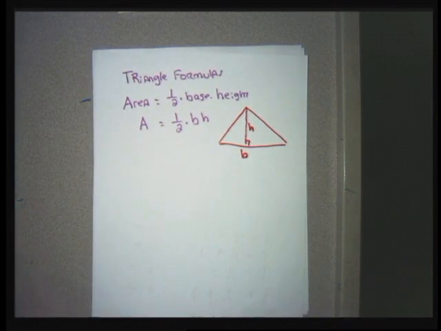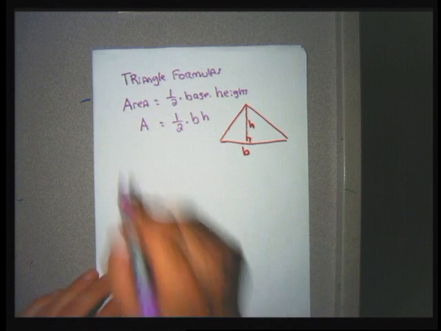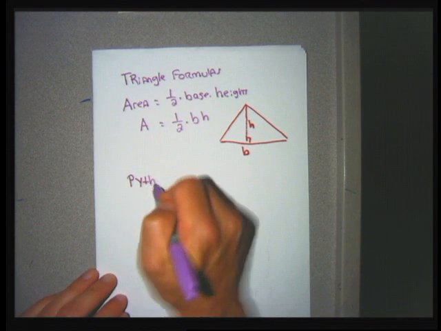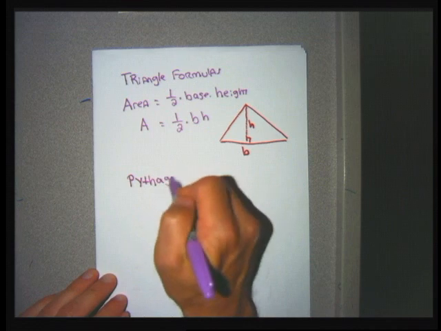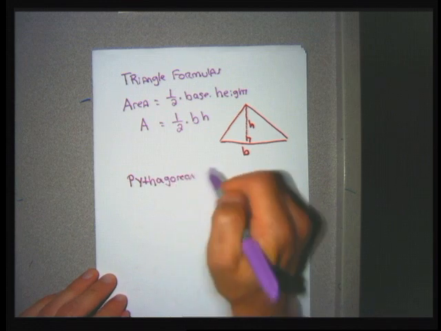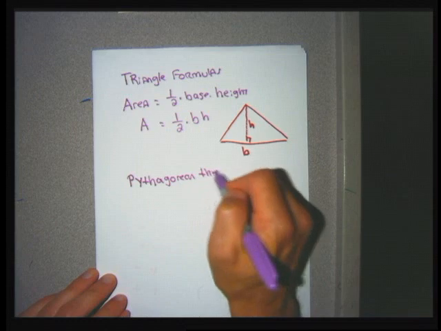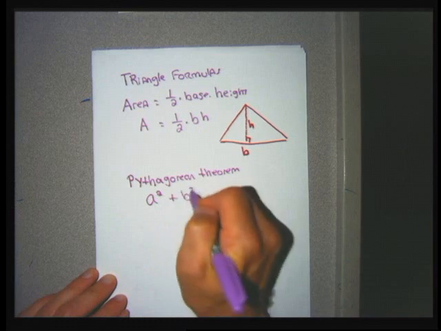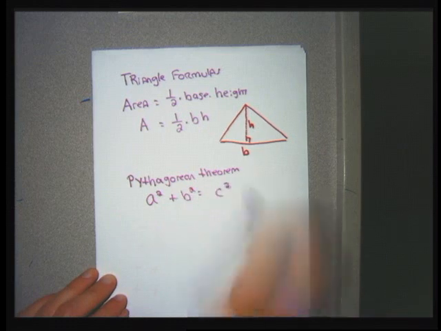Its area equals half the base times the height. The other formula I'm going to need for triangles, and it only works for right triangles, is the Pythagorean Theorem. And that theorem is a squared plus b squared equals c squared.